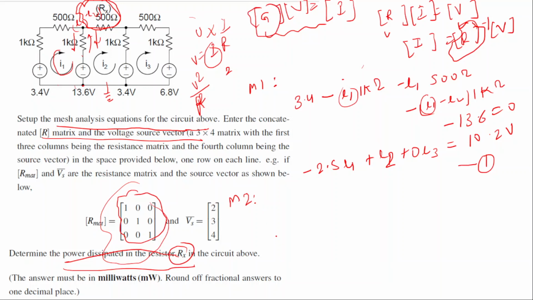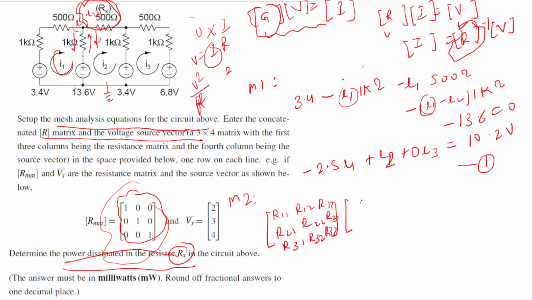Suppose we have three currents, so the elements of this R matrix will be R11, R12, R13, R21, R22, R23, then R31, R32, R33, multiplied by the currents I1, I2, I3.